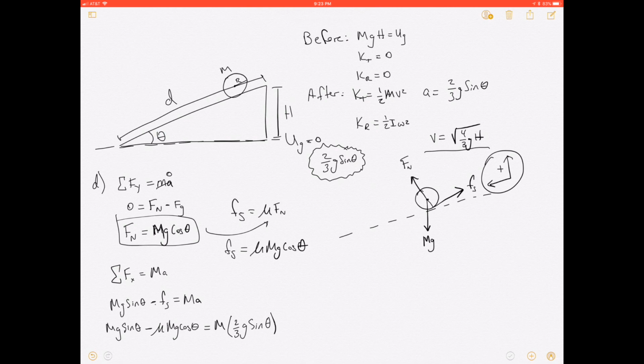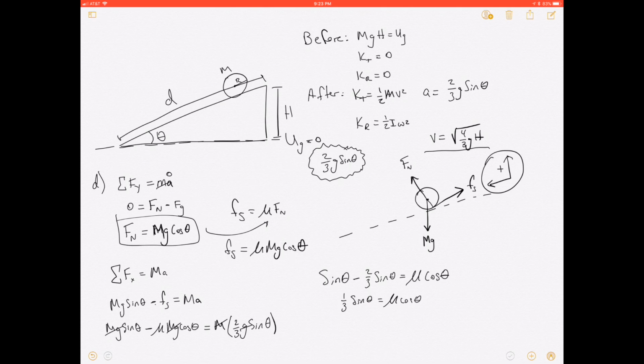Now we can cancel out mg from every term, and then I'm going to add the mu cosine theta to this side and subtract the 2/3 sine theta to the other side. So we're left with sine theta minus 2/3 sine theta is equal to mu cosine theta. And now we get 1/3 sine theta is equal to mu cosine theta.